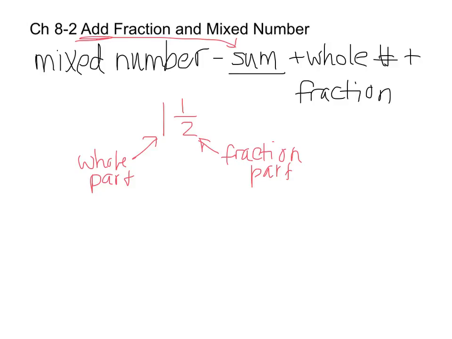The keyword here is add, which is another word for sum, right? When you're adding fractions or adding numbers together, you're finding the sum of that, okay? So today we're going to find out how to add mixed numbers that have common denominators or like denominators and unlike denominators.